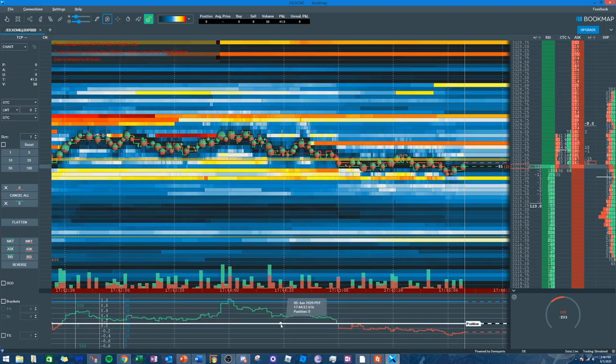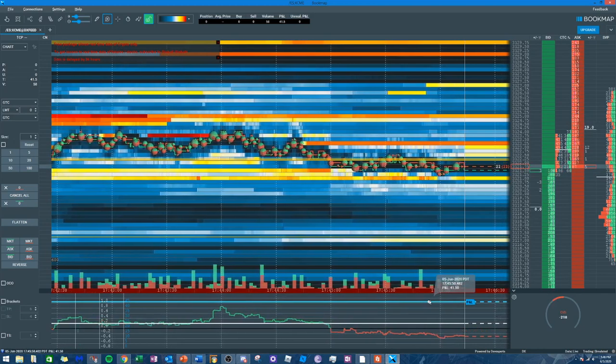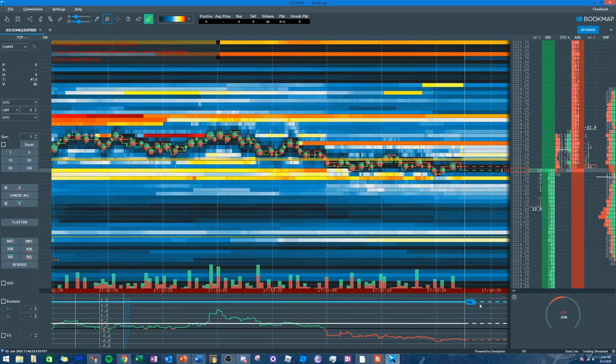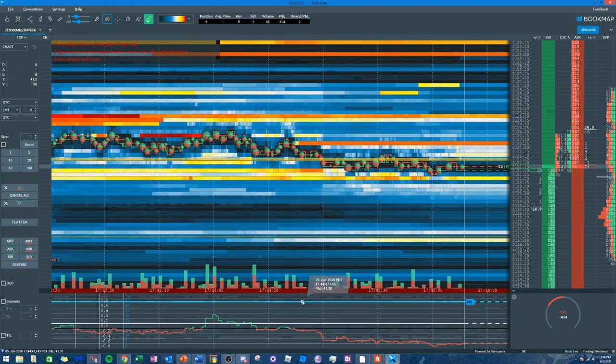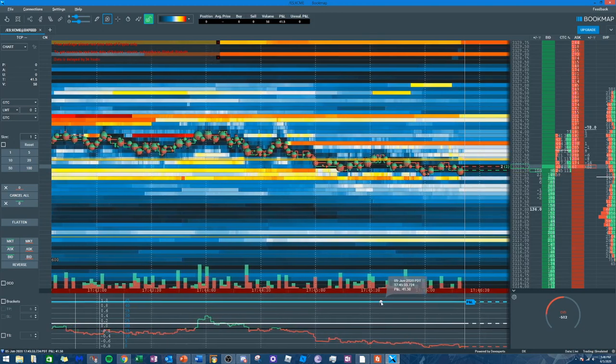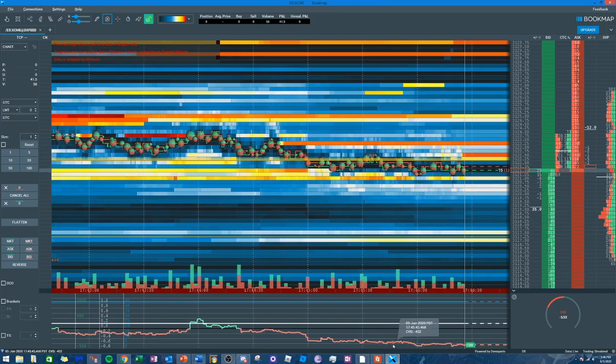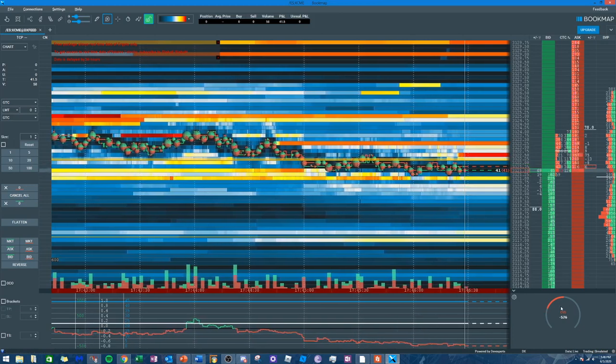And then on the bottom here, we've got this blue line, which is your profit and loss. So as you're in a trade, you're going to see the blue line going up and down in concordance with how much money you're making or losing on the trade. And then on the bottom here, it's the same thing as the cumulative orders.